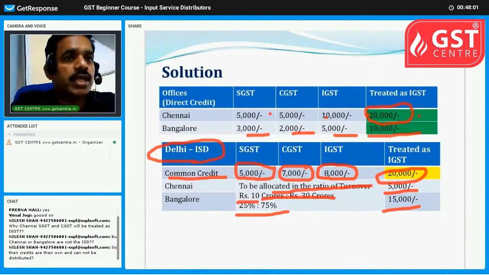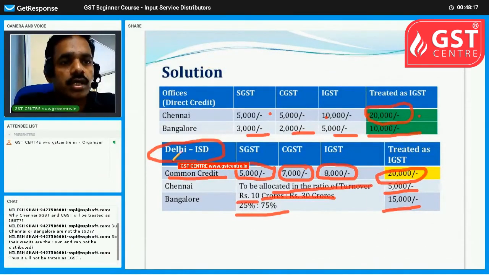That is, it can be set off as IGST credit. No, the Chennai office cannot distribute their credit, because only the input service distributor can allocate credit. This credit available to the Delhi input service distributor only can be allocated to units. If there is any credit available to a particular unit, that cannot be allocated to other units.